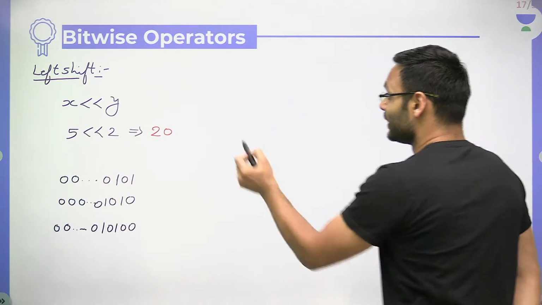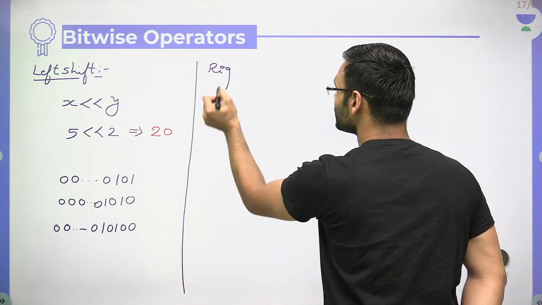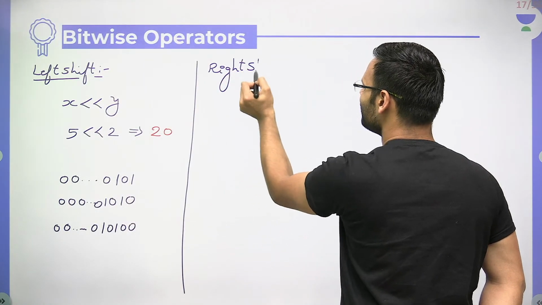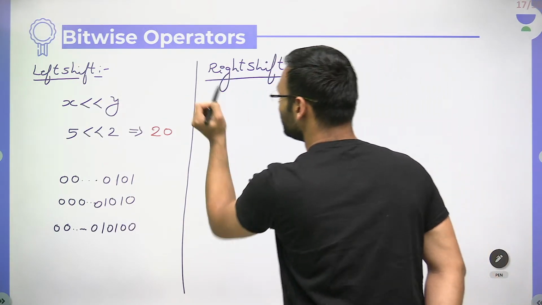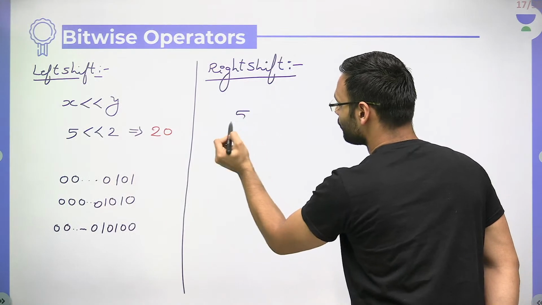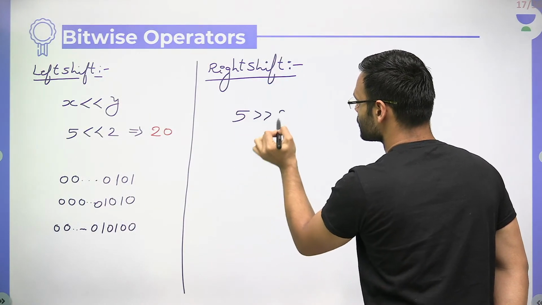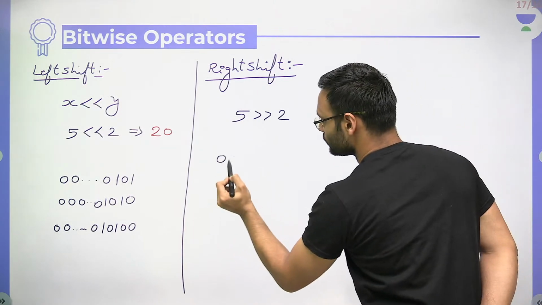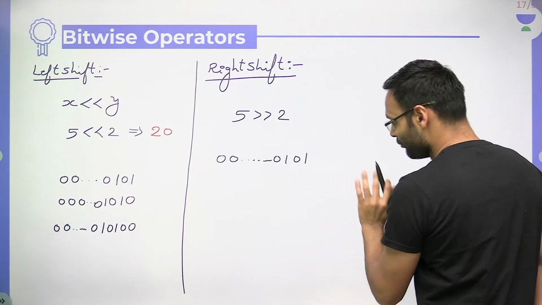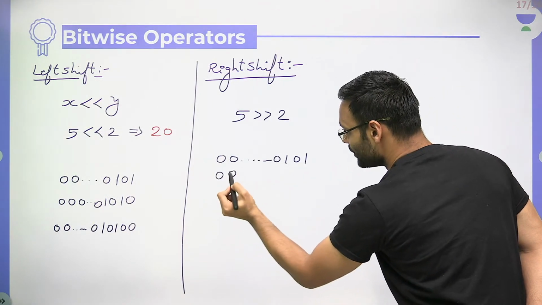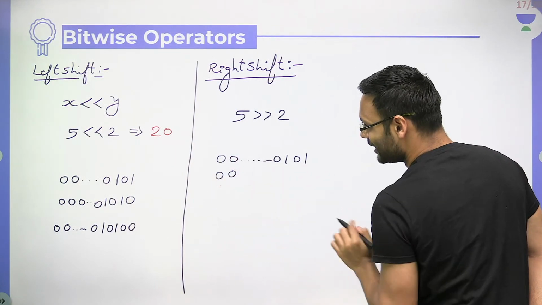Now, next, if I want to go for right shift, how does right shift work? Same way. If I am writing right shift like this, 5 right shift 2 times. This is 5. Right shift 1 time: every bit will be shifted to the right, and the left corner will have an additional 0.